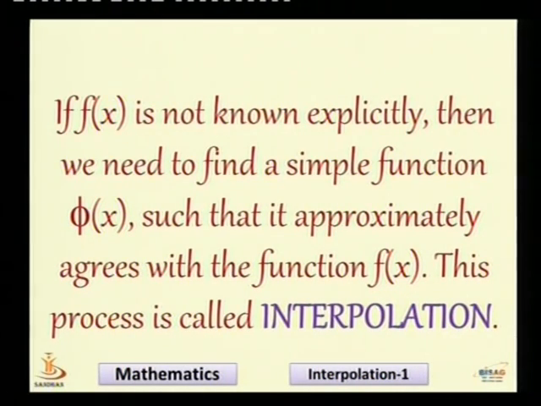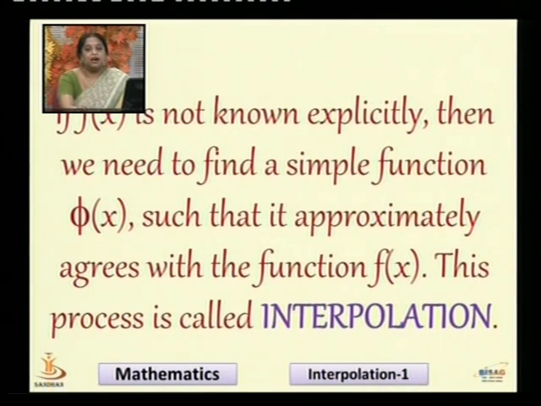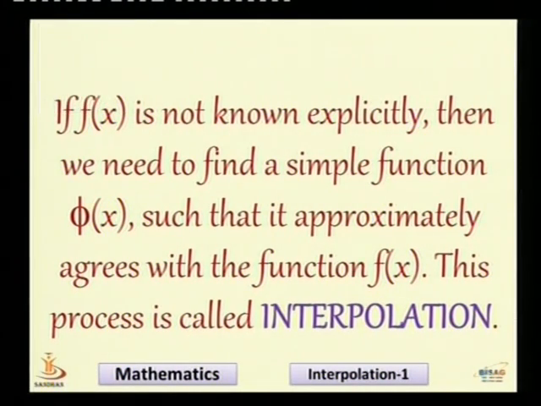Since we do not know f(x), we are now trying to find out phi(x). This phi(x) may not pass through all the data points, but since we are approximating it so that it agrees with f(x), it passes through almost all the n data points. And this process of finding the phi(x) that approximately agrees with the unknown function f(x) is called interpolation. And that is basically what we are going to talk about today.